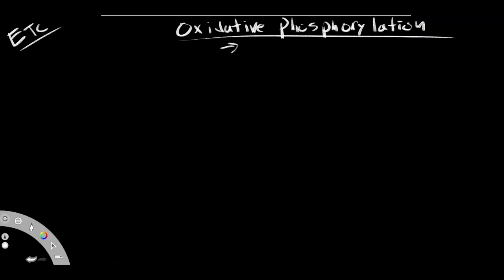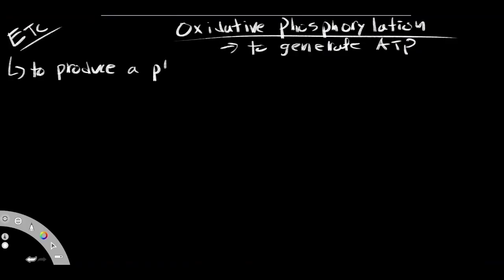All right, so I'll just write that over here. To generate ATP, way more ATP. Like I said, the electron transport chain is to produce a proton gradient, right?